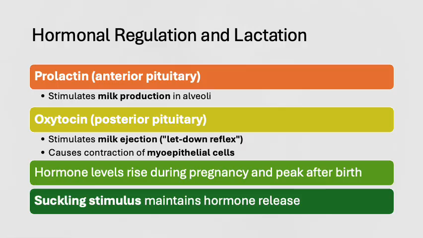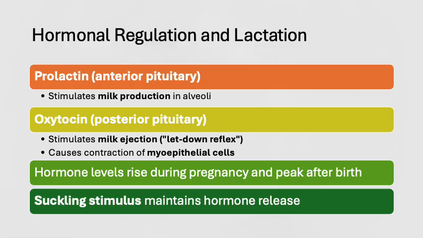Milk production and release are tightly regulated by hormonal signals. Prolactin, secreted by the anterior pituitary, stimulates the alveolar cells to synthesize and secrete milk. After birth, suckling from the infant triggers the release of oxytocin from the posterior pituitary. Oxytocin causes the myoepithelial cells surrounding the alveoli to contract, pushing milk through the ducts towards the nipple.